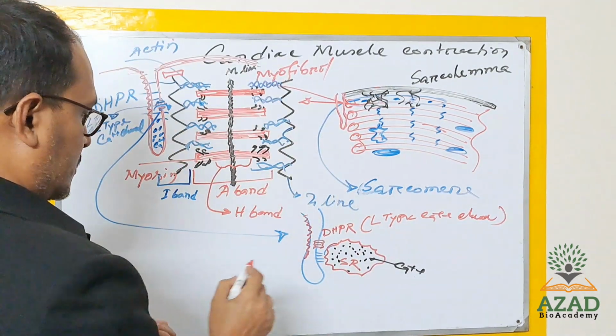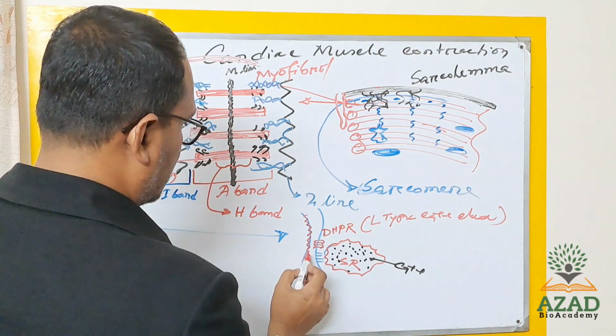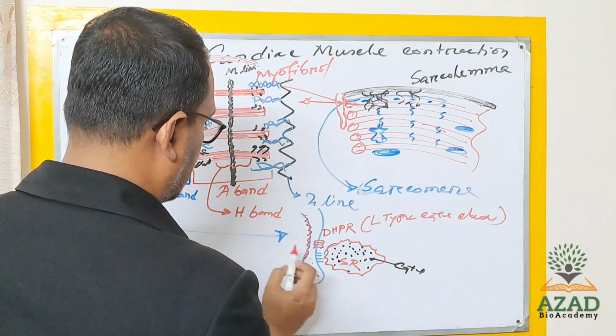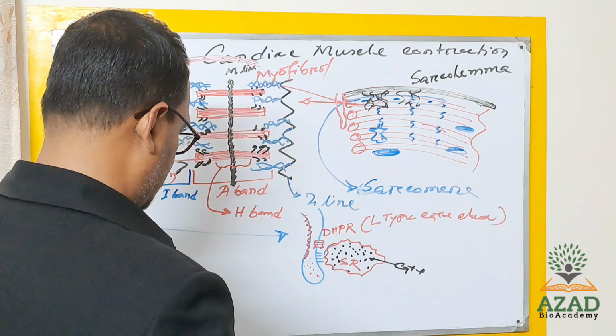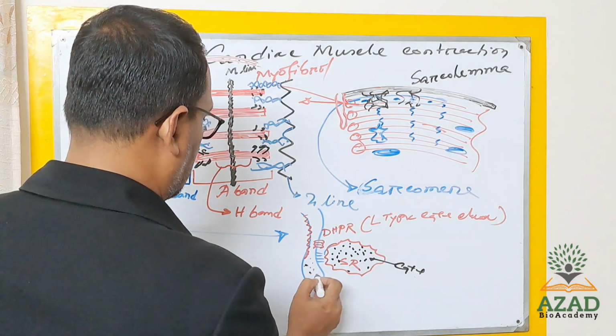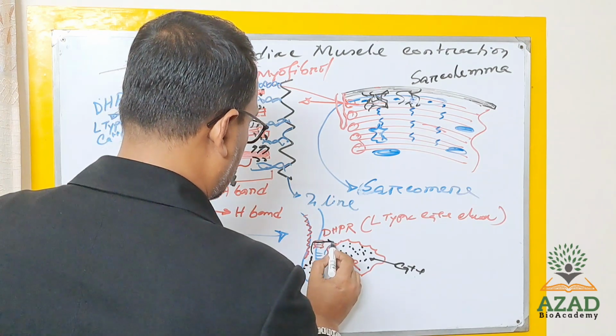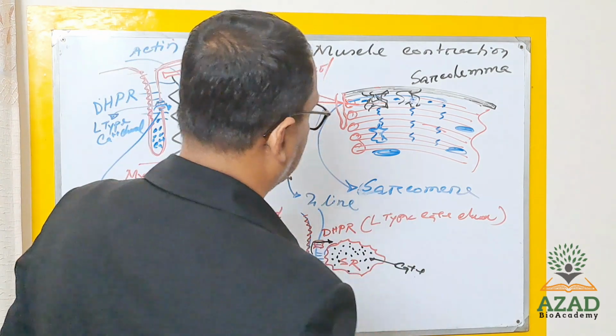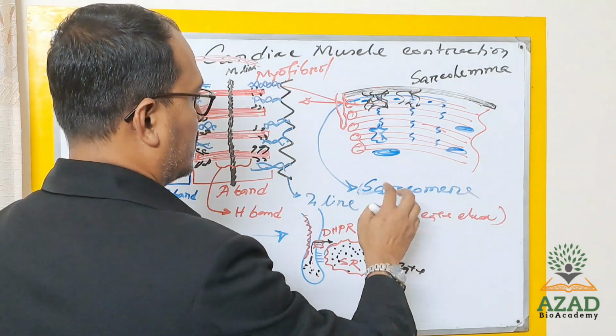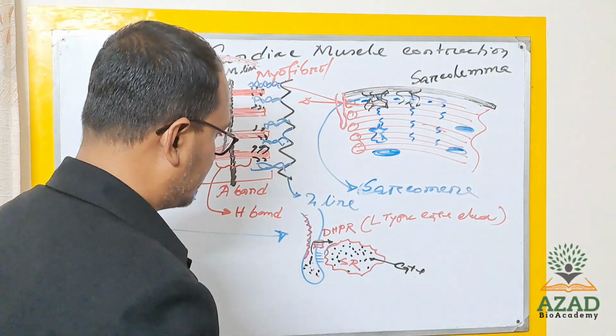It will contain a certain extent of calcium, and calcium will enter from there into the cell, that is, into the cytoplasm. Okay, then what will happen?